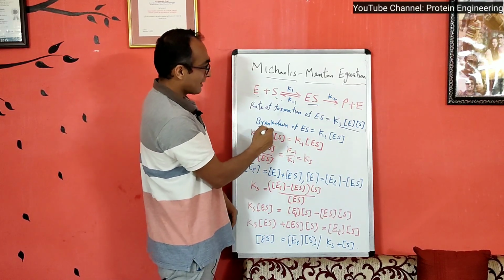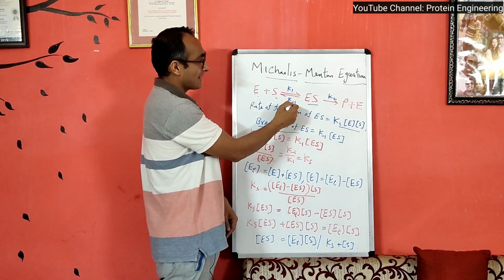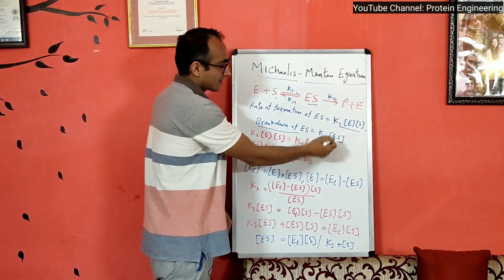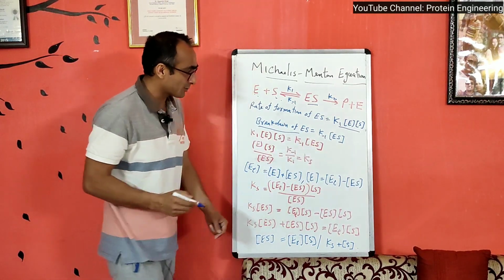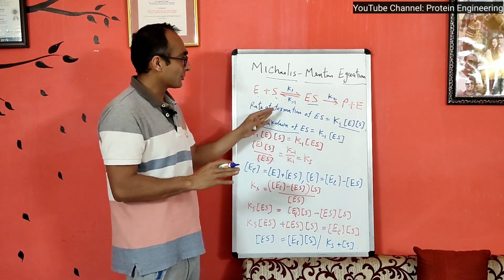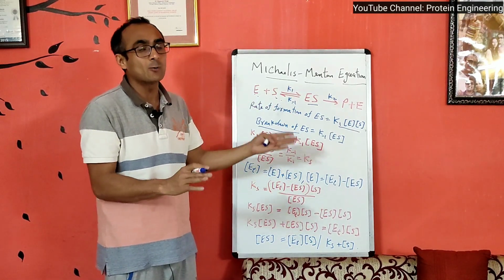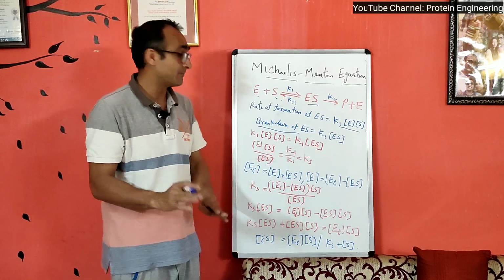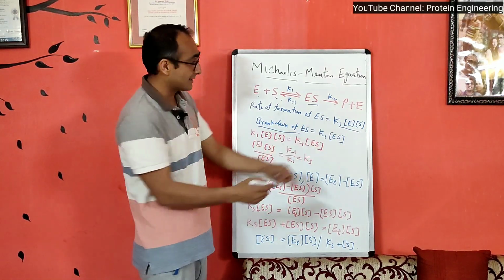So the rate of breakdown of ES complex would be equal to K minus 1 times the concentration of ES complex. And as per the hypothesis, these two rates are equal. The formation of ES complex and breakdown, that's how ES remains at equilibrium.